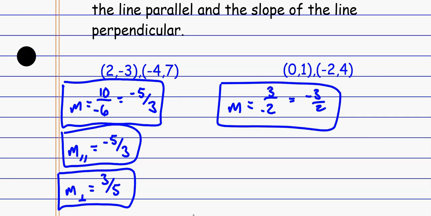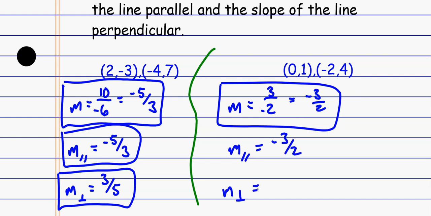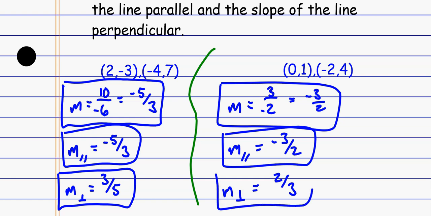All right? And now the slope of the parallel line. Remember, the parallel line has the same slope, so negative 3/2. And then the perpendicular line, the slope is the opposite reciprocal. So I change the sign and flip it. That's a positive 2/3. Okay? So again, parallel lines, the slope is the same. Perpendicular lines, opposite reciprocal.